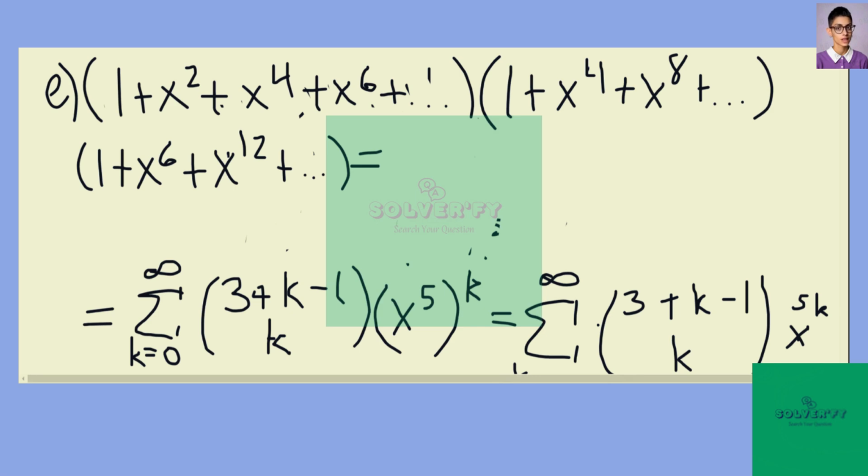And to find the coefficient of x to the 10th, in this case, the simplest way may be just to directly calculate.